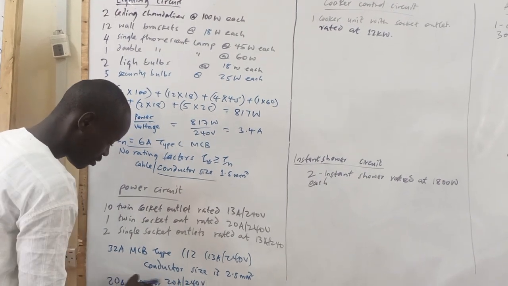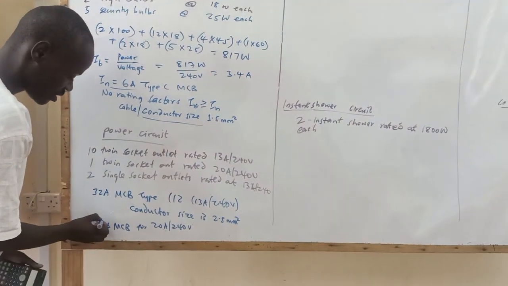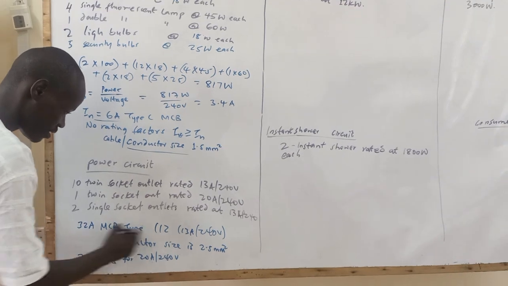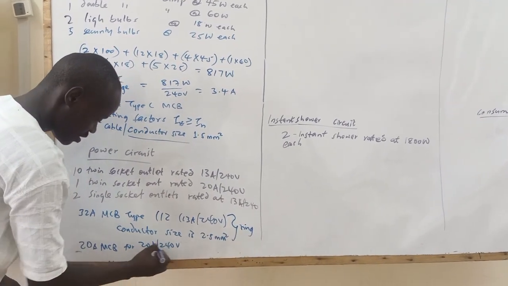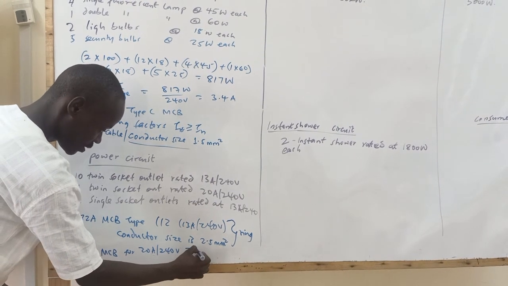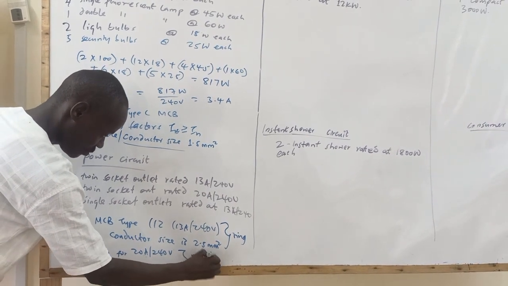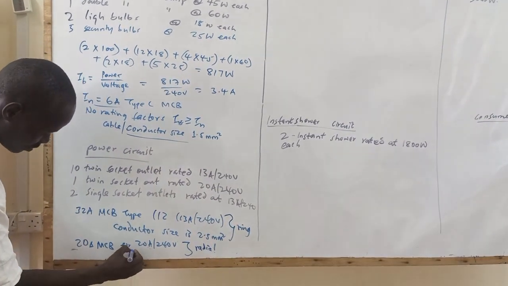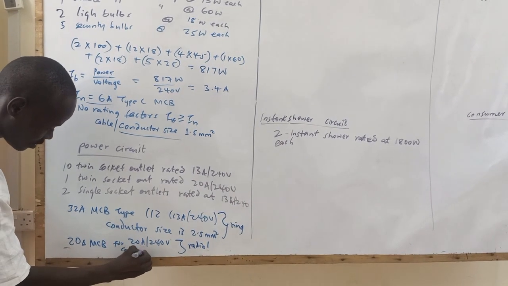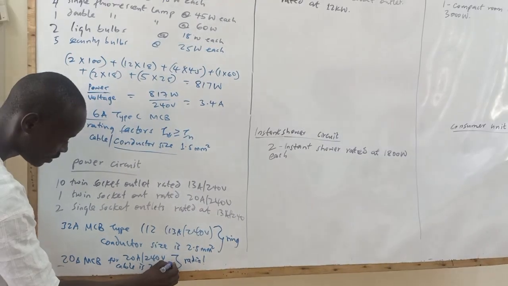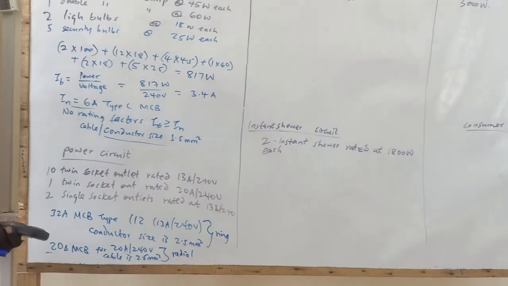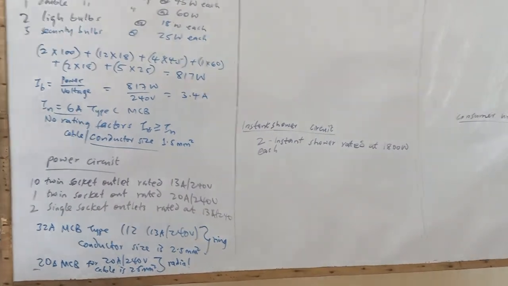In this case, because this one can be connected as radial, this one will be ring, and this one will be radial. In that case, the cable size is 2.5.